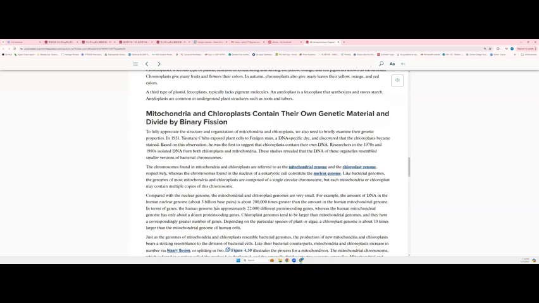Another interesting thing I found out when reading this paper is that mitochondria and chloroplast have genetic information which is different from the genetic information in the nucleus.